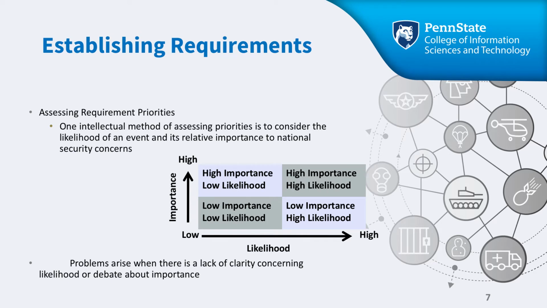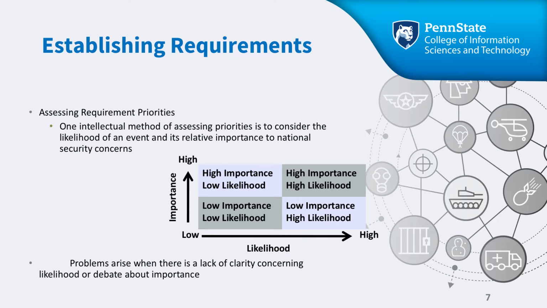Predicting and analyzing the collapse of the Soviet Union in the early 1990s. That would have been an example of something with a low likelihood. A lot of people never thought the Soviet Union would collapse, but very important when it did happen. So these issues sometimes don't get as much attention as they should, but they can be crucially important.